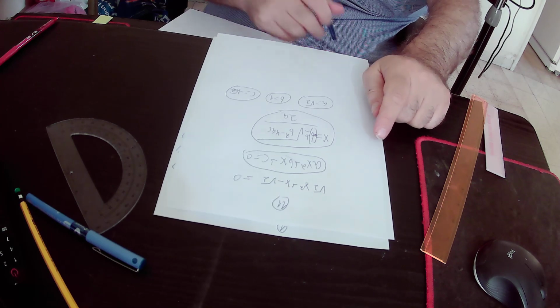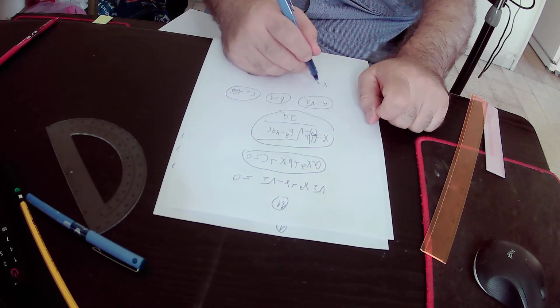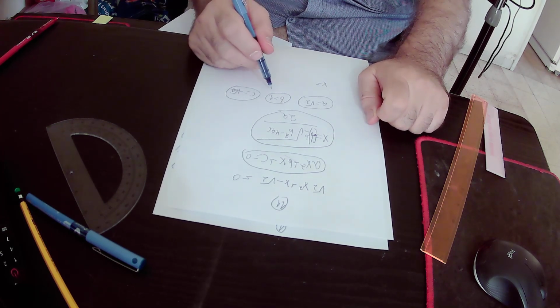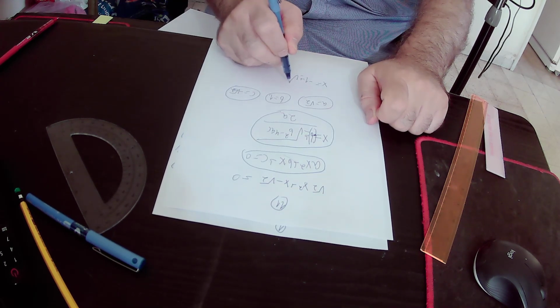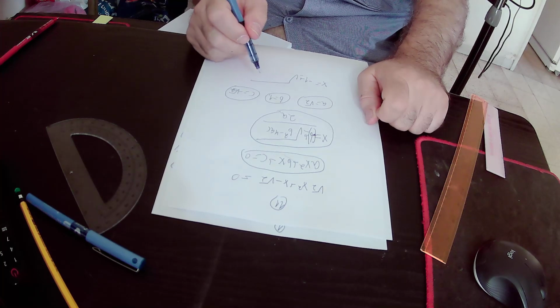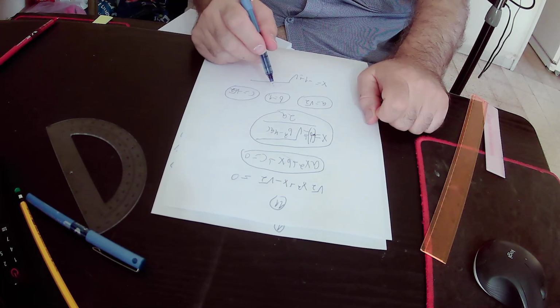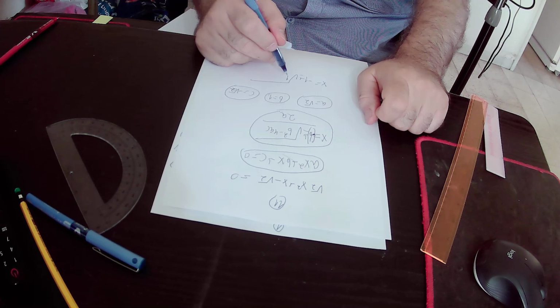So x will be equal to minus b. B equals 1, so minus b is minus 1, plus minus root of b squared. B is 1, so b squared is 1 squared, which is 1.